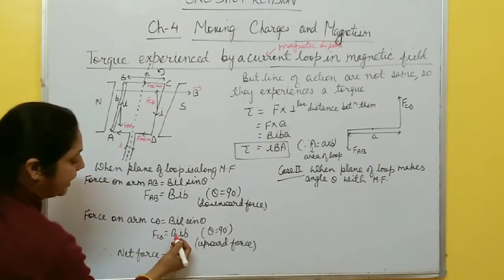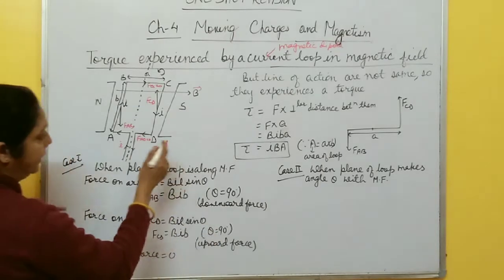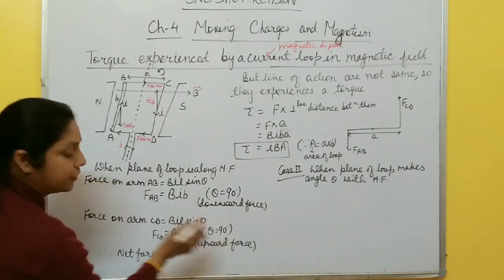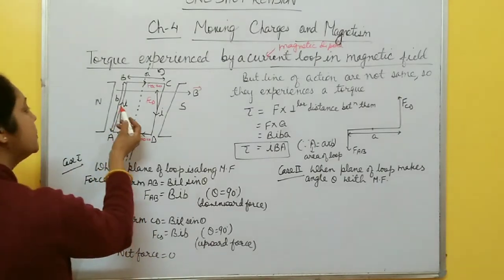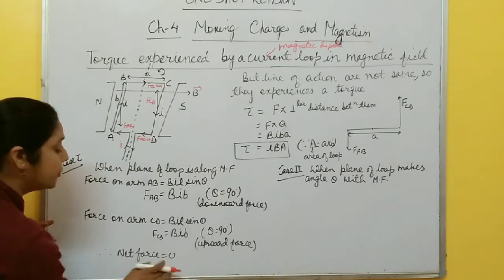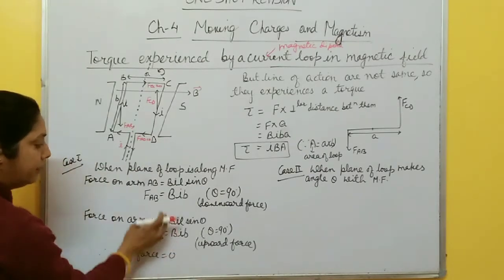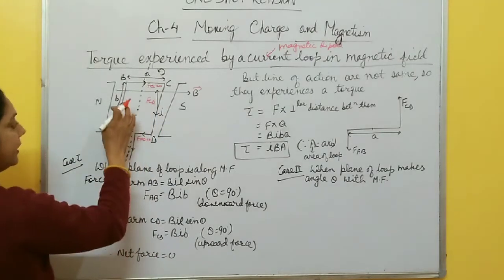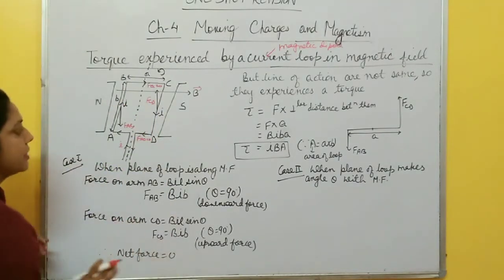So what is the value of that force? BIL sin theta. Again this theta is 90 degrees here, so BIb, and direction of force is upward. These two forces are equal and opposite. So net force is what? 0. Magnitude of these two forces is the same, but one is upward and the other is downward. So net force is 0.